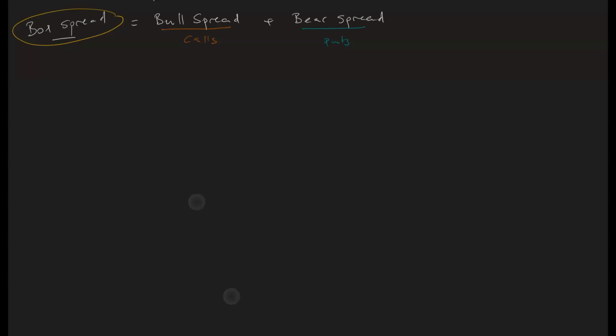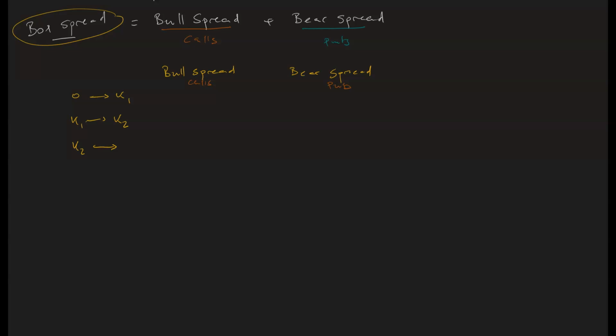So we had three scenarios: 0 to K1, K1 to K2, and K2 and above. And we had two strategies, bull spread and bear spread. Remember that our bull spread uses calls and our bear spread uses puts.